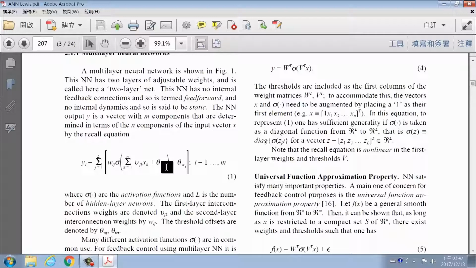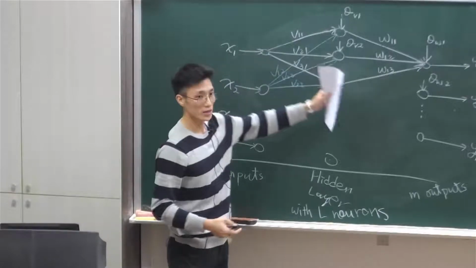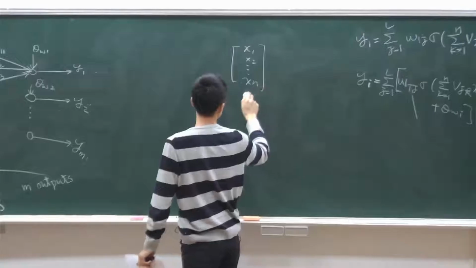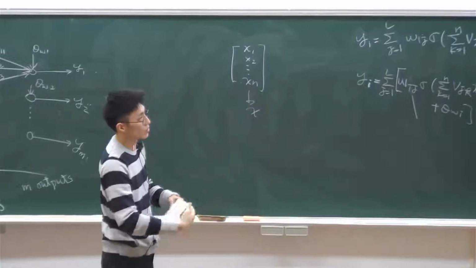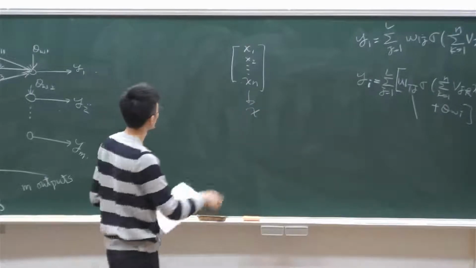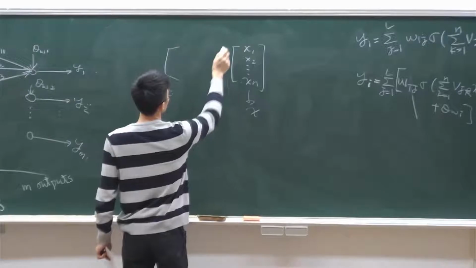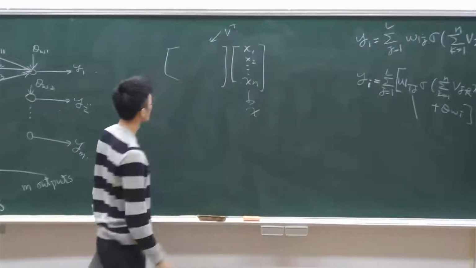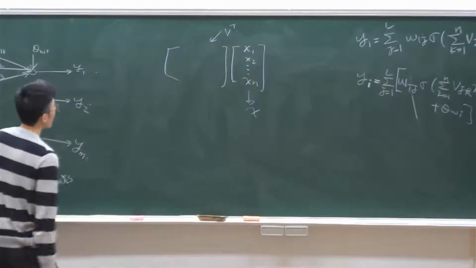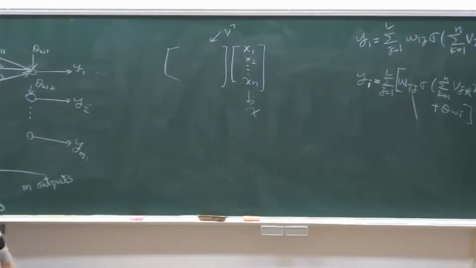V is a matrix in which every element of v is the weighting of the link between the input layer and the hidden layer. This is x on equation 4, times V transpose. We say this is V transpose, for example.